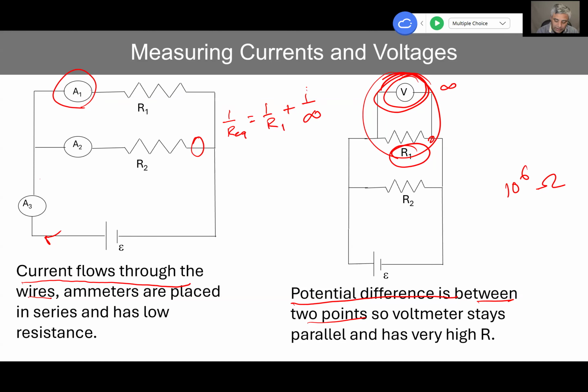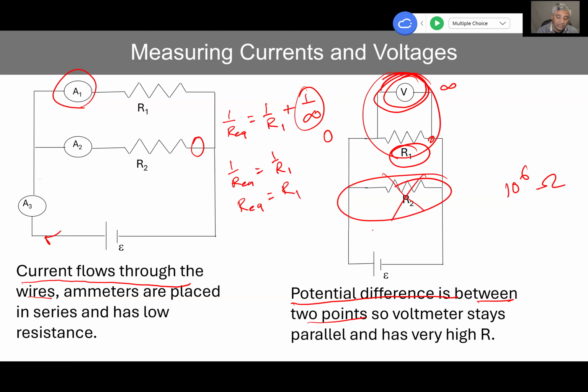So 1 over infinity is 0. That means 1 over R equivalent is 1 over R1, meaning R equivalent is the same as R1, assuming that this one is not there. Okay, I'm just talking about one resistance and the voltmeter. So that's how it works.